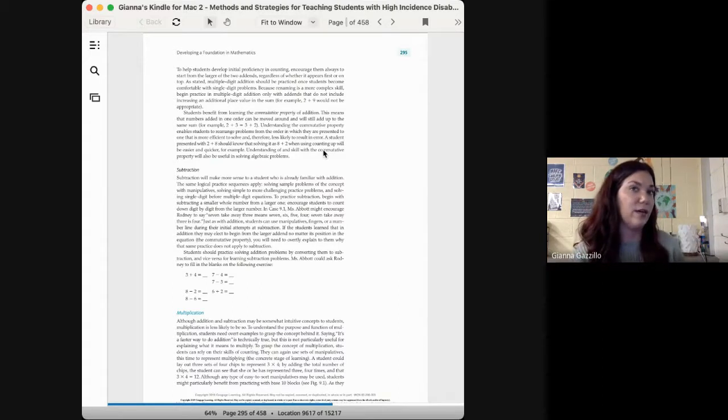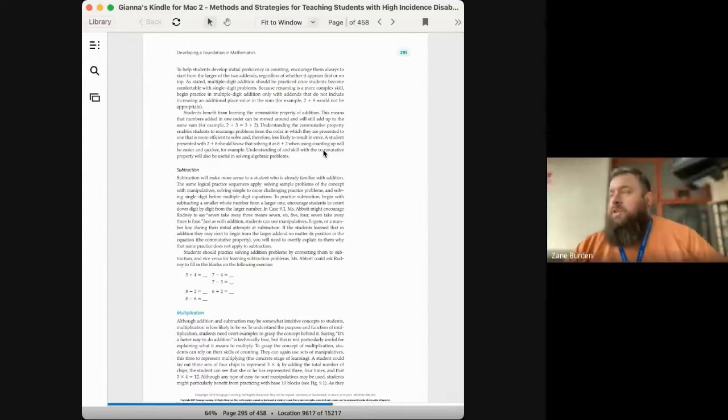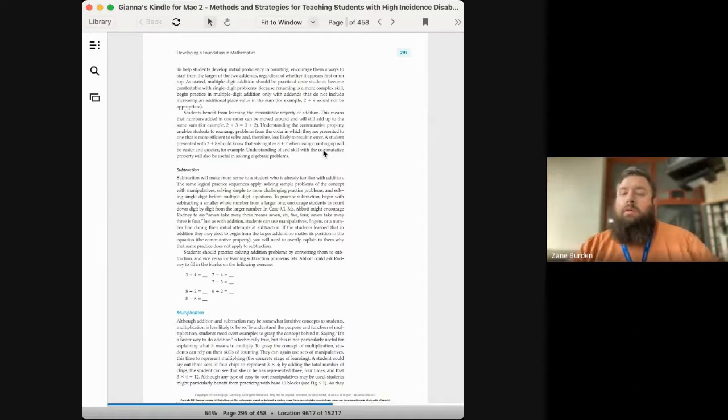My students benefit from multiplication charts and hundreds charts. I have a multiplication chart posted in my room, and the big thing that I've been doing lately, especially when dealing with positive and negative numbers, is that they have a really hard time figuring out how that works.